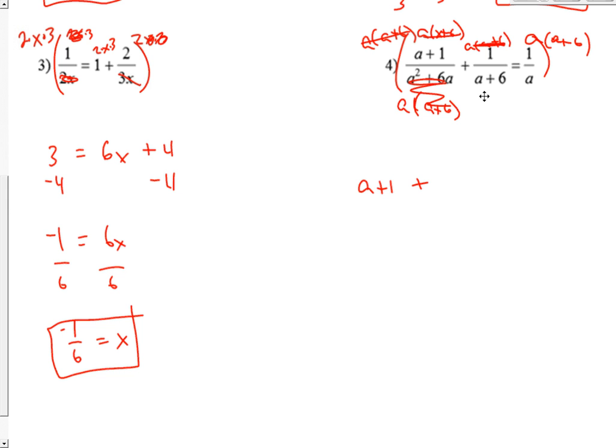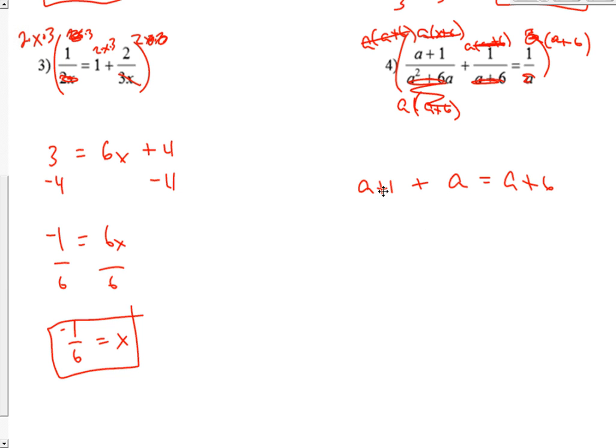So the a plus 6 will cancel, and we're left with 1 times a equals. And then the third term, the a's will cancel. You're left with 1 times a plus 6, which is just a plus 6.